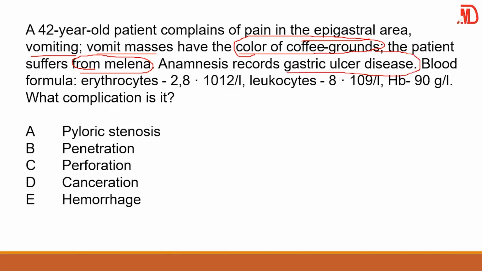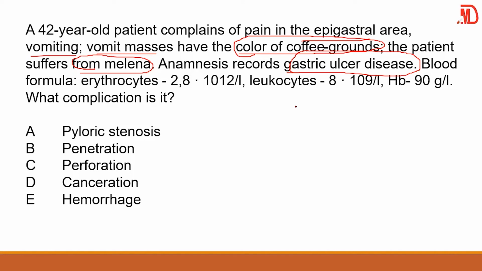Now, before I continue, who can give me 3 complications of gastric ulcer or peptic ulcer in general? Quick. Perforation, penetration, and hemorrhage. Another thing that you can think of is stenosis, especially if the ulcer is occurring at the antrum.